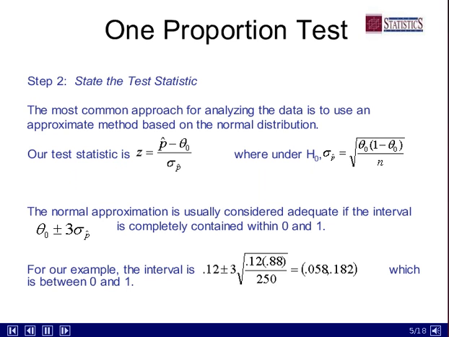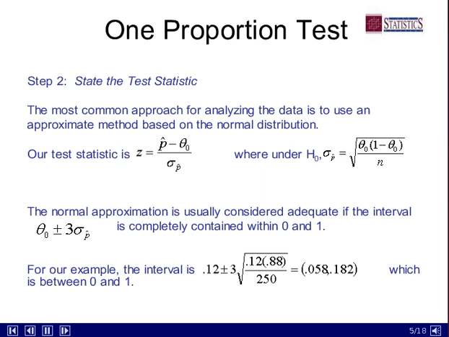So for our example, that interval is 12% plus or minus 3 times the square root of 12% times 1 minus 12%, divided by the 250, and that results in an interval of 0.058 to 0.182, which is completely between 0 and 1. Another common way of saying that is whether n theta 0 is greater than or equal to 5 and n times 1 minus theta 0 is greater than or equal to 5. So we could also perform that kind of check.